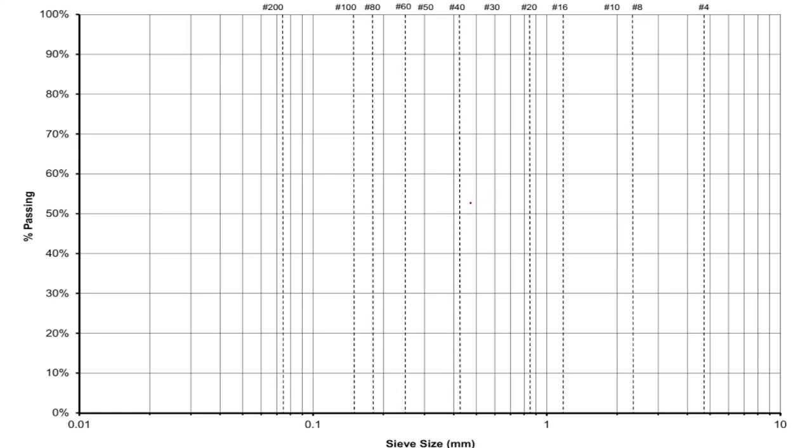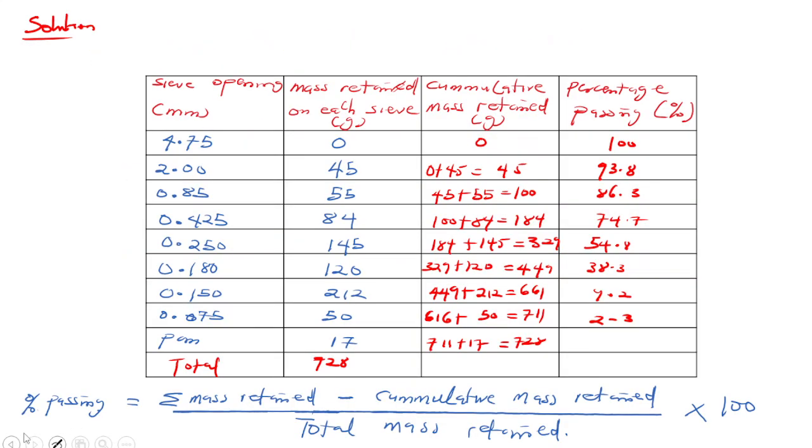So now you see 4.75, and the percentage passing is 100.